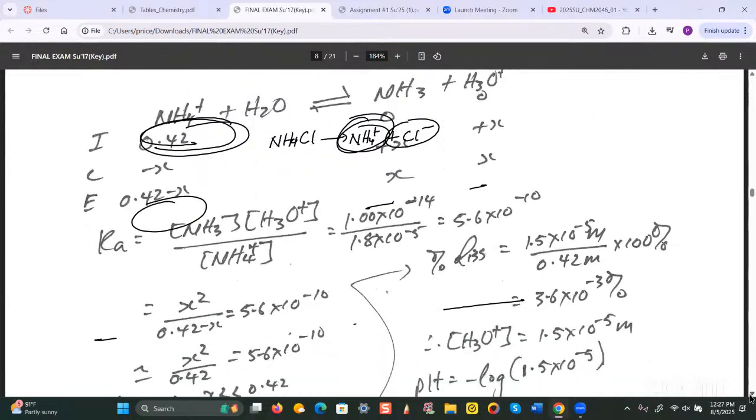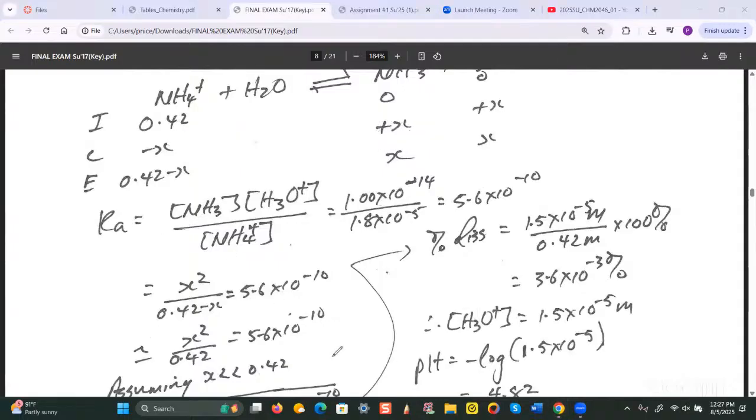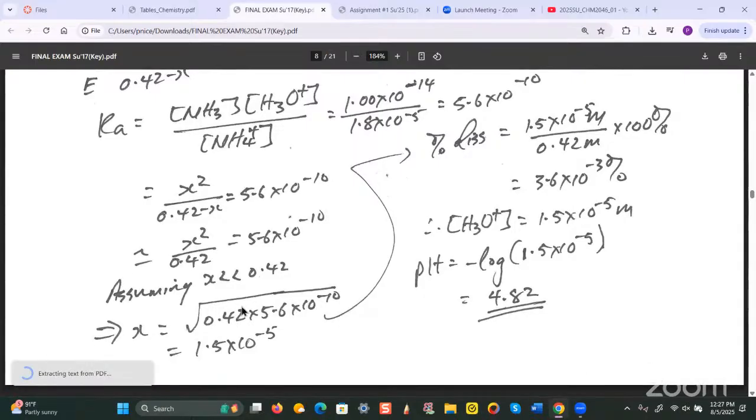So as a result of that, we're going to end up with this expression here. Again, we're going to make an assumption that x is so small that 0.42 minus x is approximately 0.42. So that simplifies this equation. So when we solve for x, it turns out that x is equal to 1.5 times 10 to the minus 5.